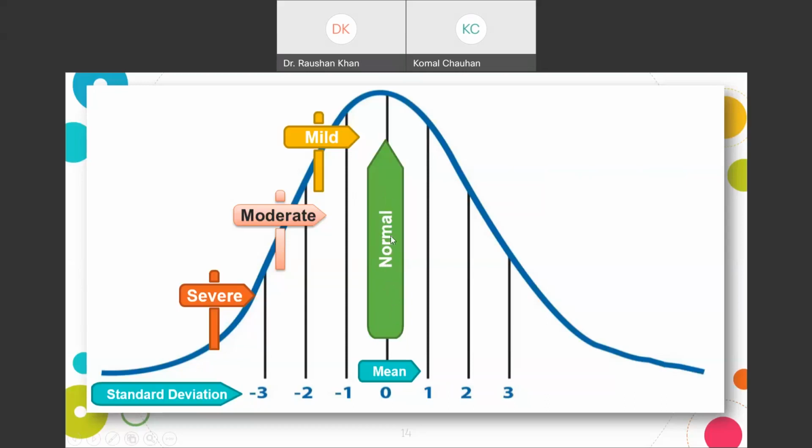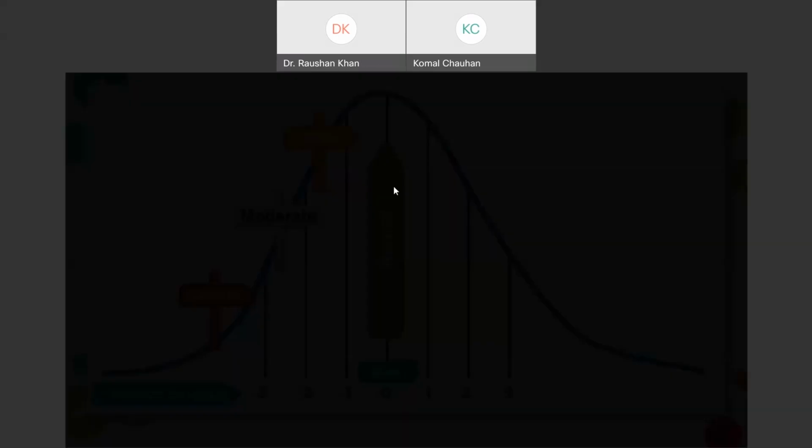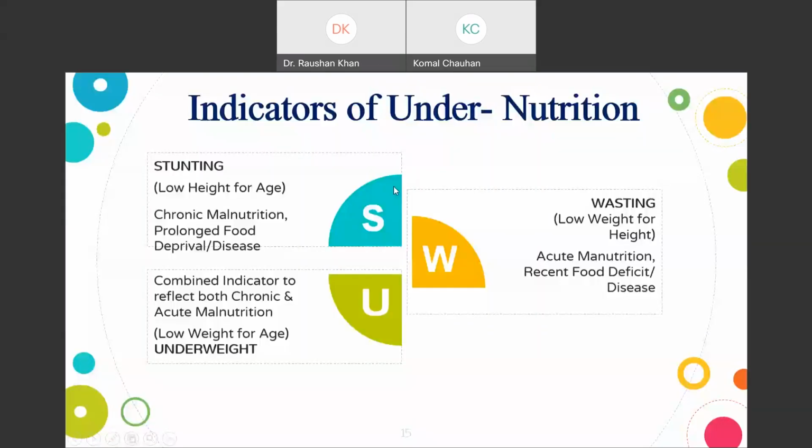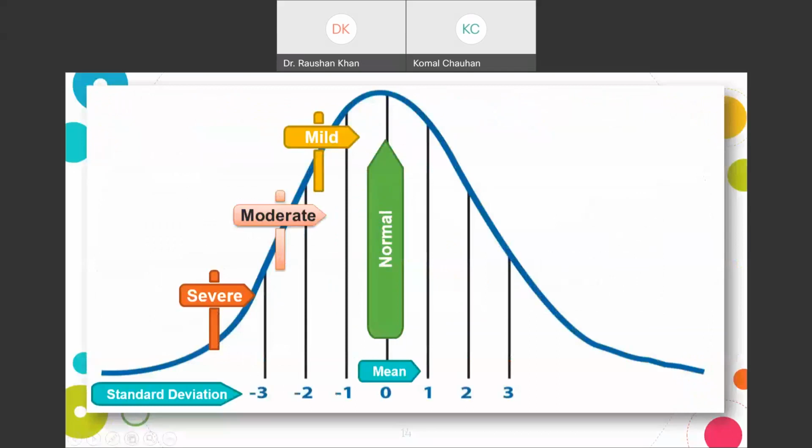Firstly, 0 is the mean height or weight for age of any person in the normal category. Most of the population will have weight or height around this mean.